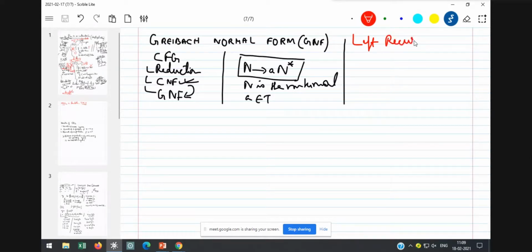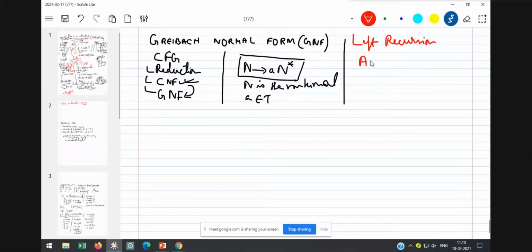Now, when can we say that in the given production rules, left recursion has occurred? There are many problems we are going to face. One of the problems we face while converting a CFG to Greibach normal form, or from CNF to GNF, is left recursion.